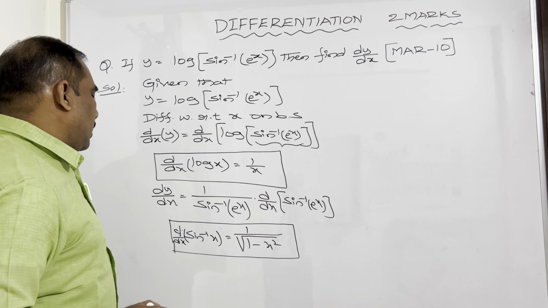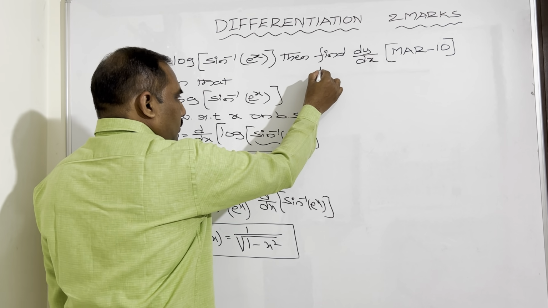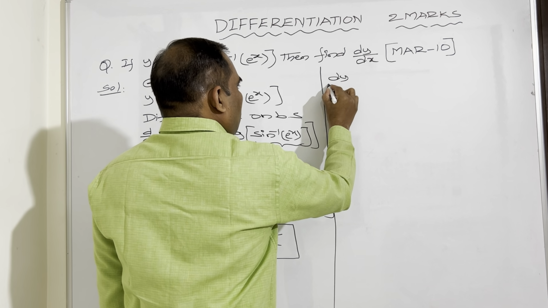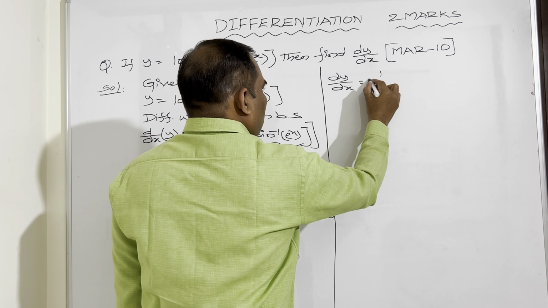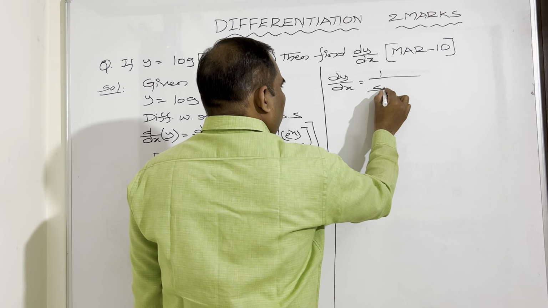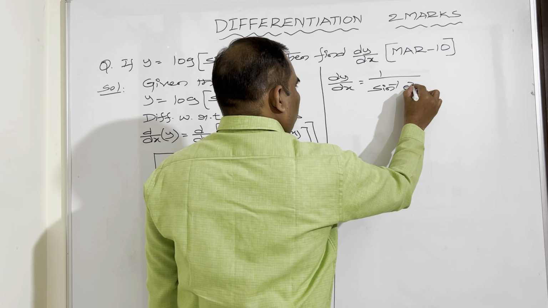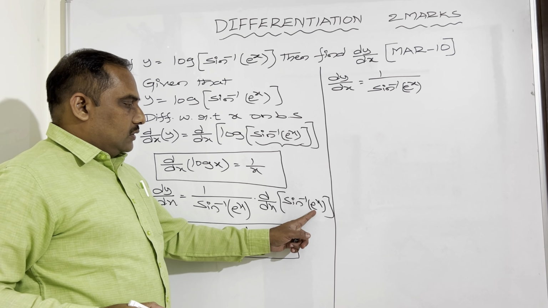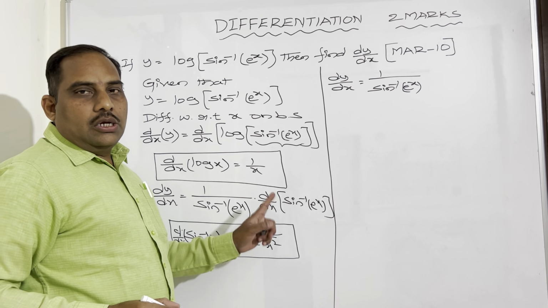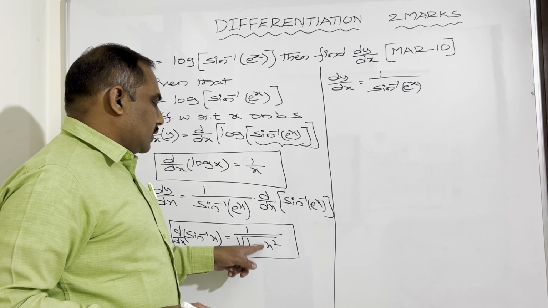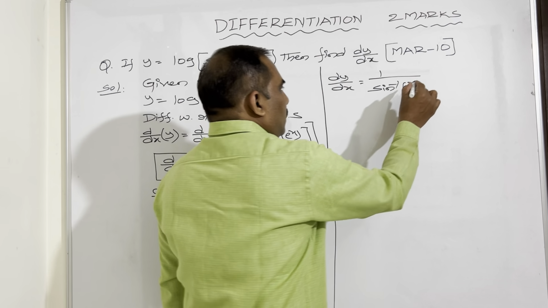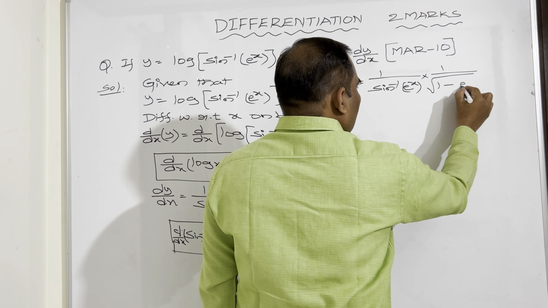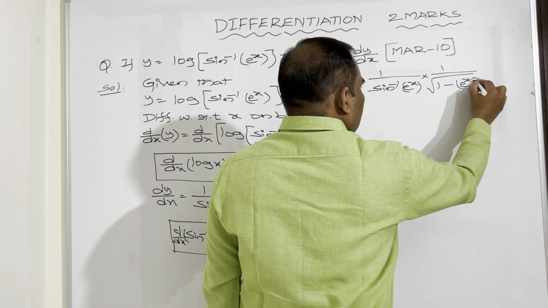So that's why here dy by dx is equal to 1 by sine inverse of e to the power of x, and here it is in the form of sine inverse x. X is nothing but e to the power of x. So here x is replaced by e to the power of x, into 1 by root over 1 minus e to the power of x whole square.